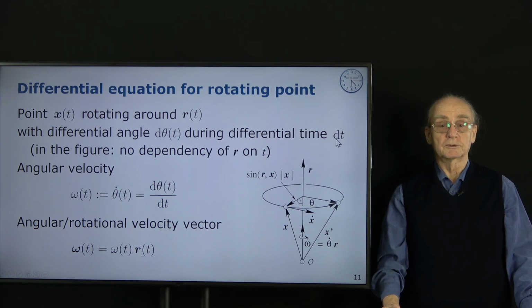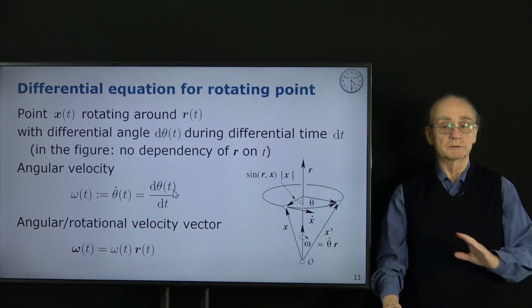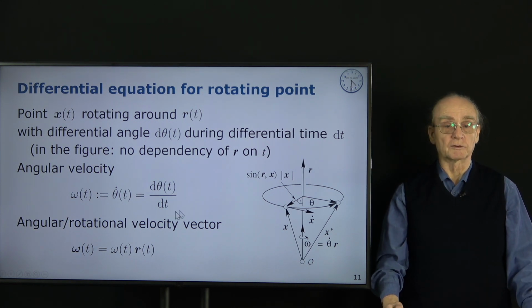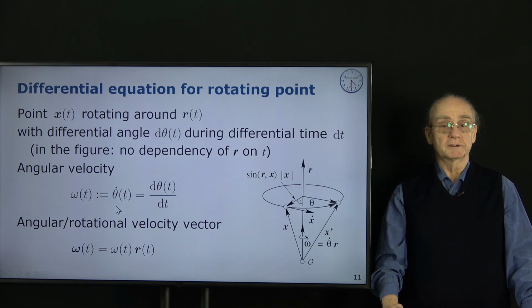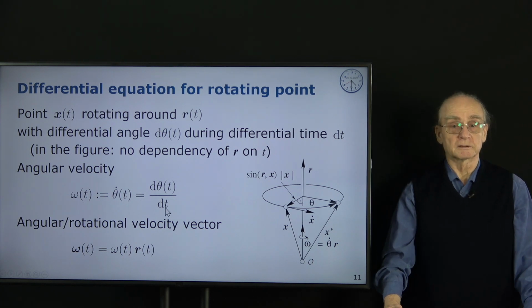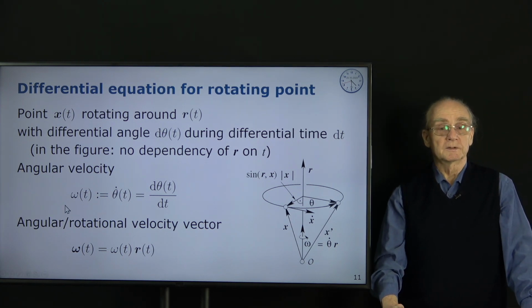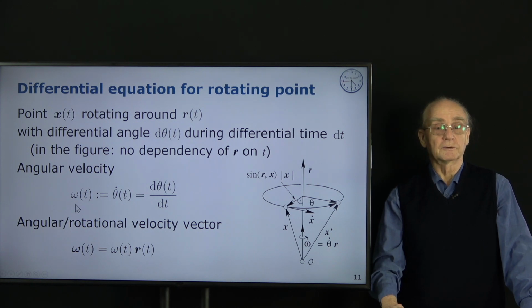So the differential angle, that means a small angle here, d theta, during a certain time, dt, is what we want to derive. So the angular velocity is nothing else than the differential of theta with respect to t. It may depend on t, which we don't assume at the moment to be valid with respect to this figure. And this is usually written down as theta dot. The dot means we have a differentiation with respect to the time. And this angular velocity usually is described with the letter omega.